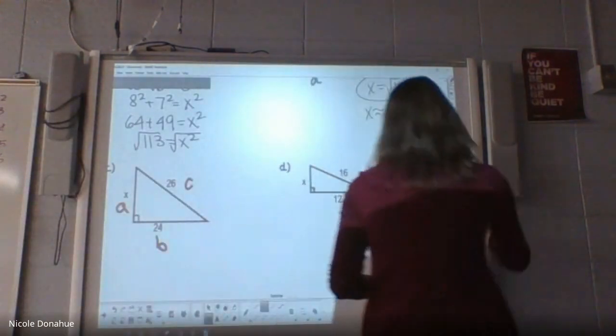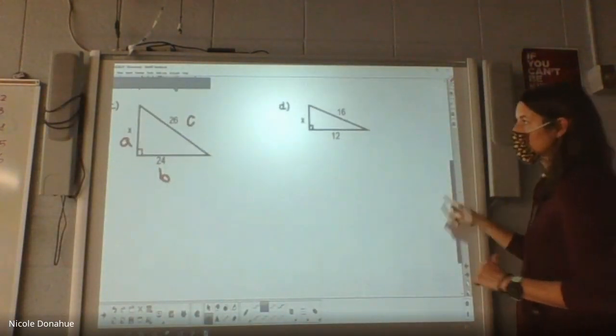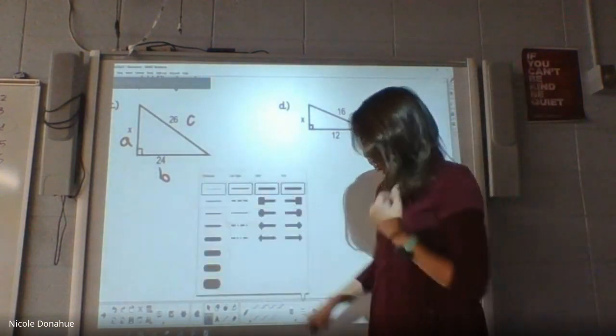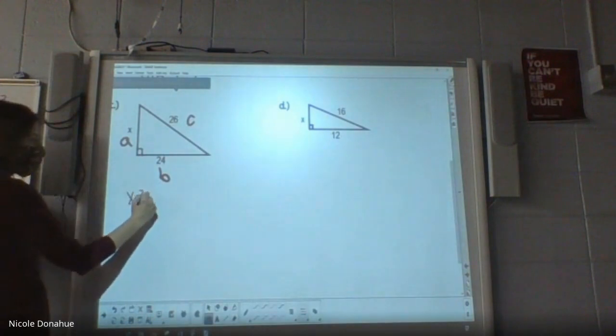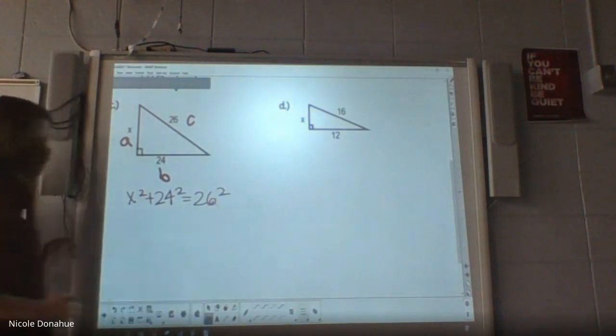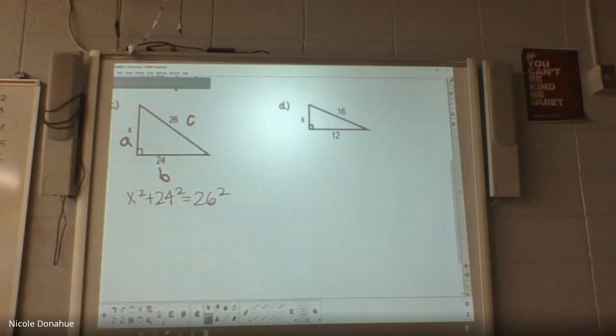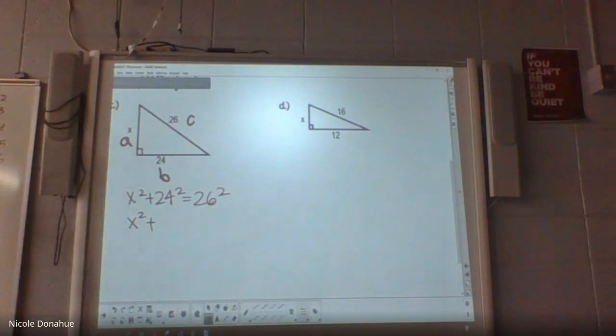So I'm going to call my A my unknown in this case. A squared plus B squared equals C squared, so we have X squared plus 24 squared equals 26 squared. Some bigger numbers, probably not something you knew off the top of your head.